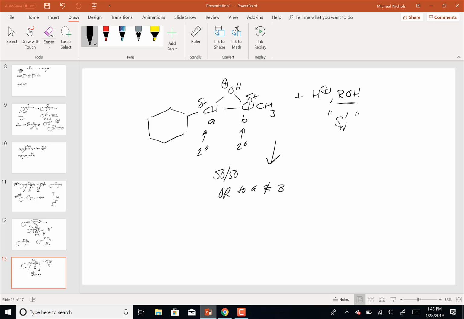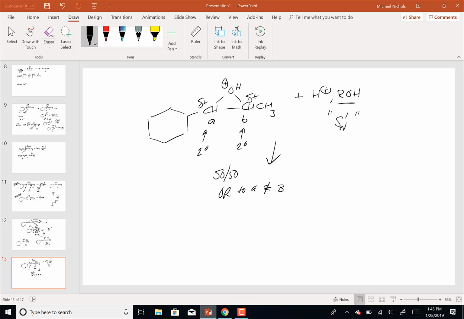So in the homework problems with the Grignards, you're always going to add the Grignard to the carbon that's most accessible, least hindered, least substituted. And unfortunately, I can't change the set of conditions to do the reverse.